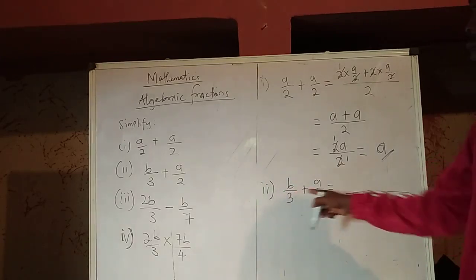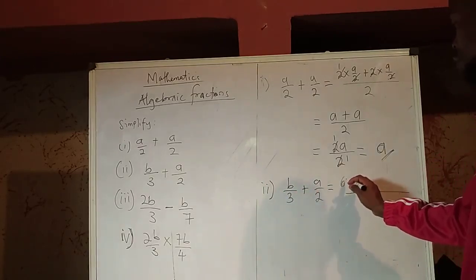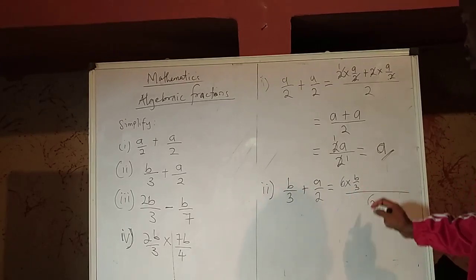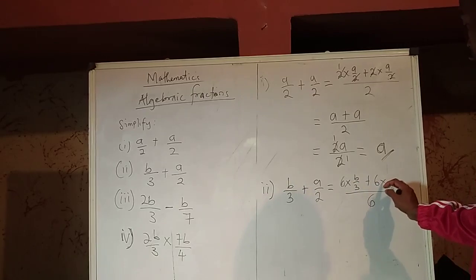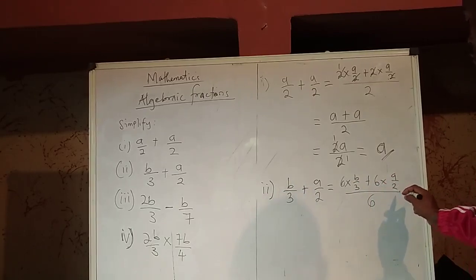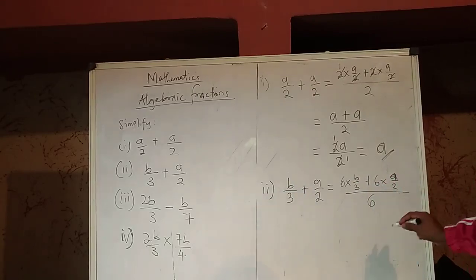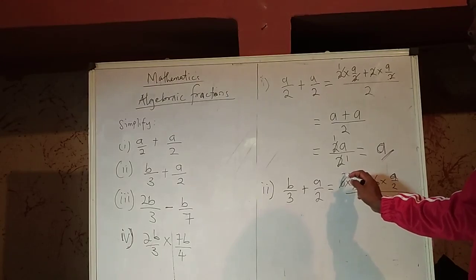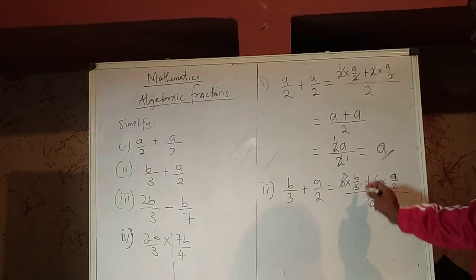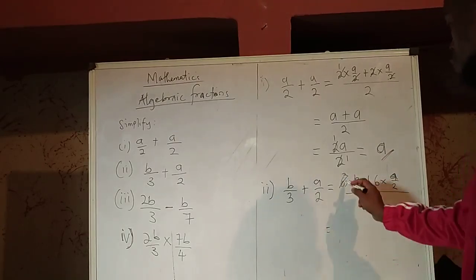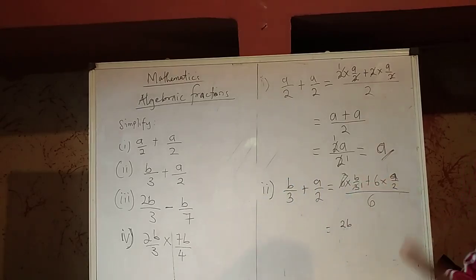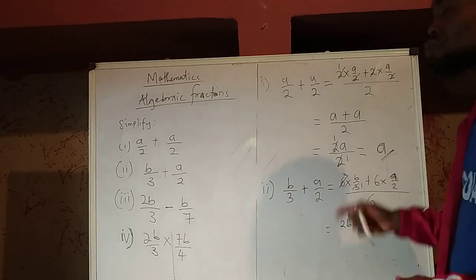We use the LCM and multiply each of the fractions so that we get 6 times b over 3 plus 6 times a over 2. When 3 divides this, we get 1, and 3 divides 6, we get 2. It's possible here. So we are left with 2 times b, which is 2b.